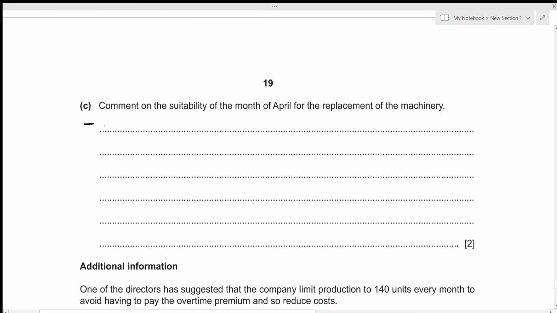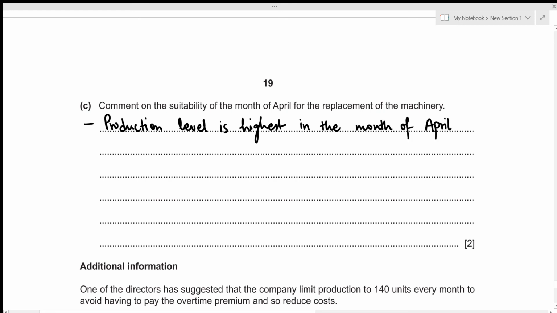So production level is highest in the month of April. Since the production level is highest, it is the month in which the company is least able to cope with the possible disruption of production, because if we're talking about machinery, it obviously disrupts our production flow, right? Let's write it down.